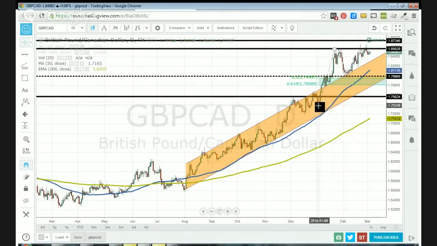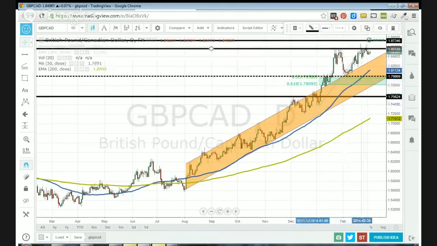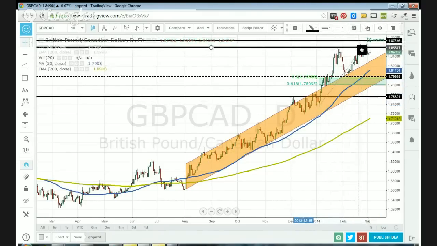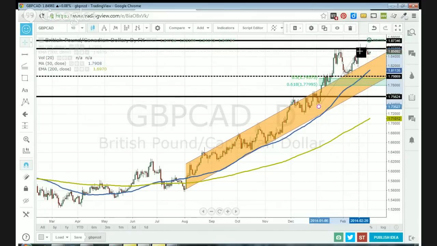Actually, I can update this. We can go from here to move that up a little more. What's going on? Okay, so that's the Fibonacci, and we can actually move this one from this swing low.